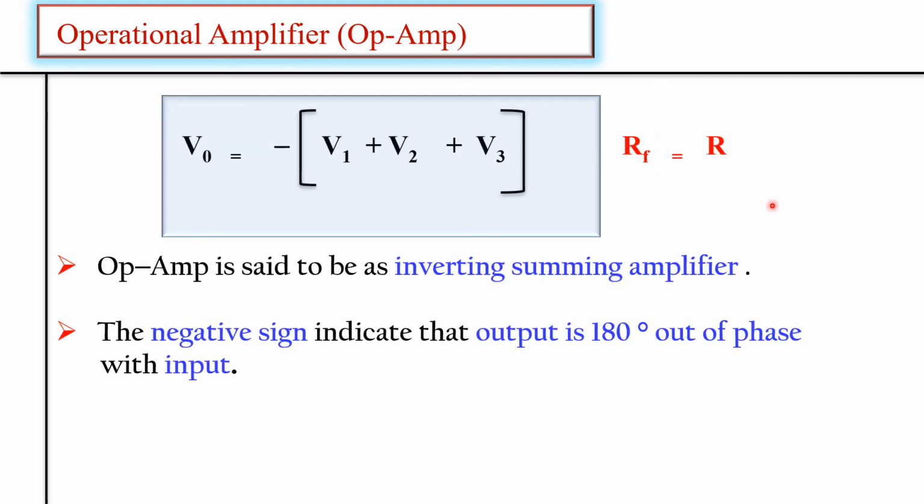Again, if Rf is equal to R, then Rf upon R is equal to 1. So VO is minus (V1 plus V2 plus V3). So the op-amp is said to be an inverting summing adder.